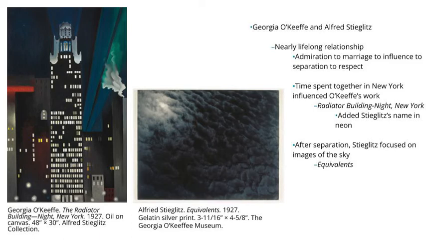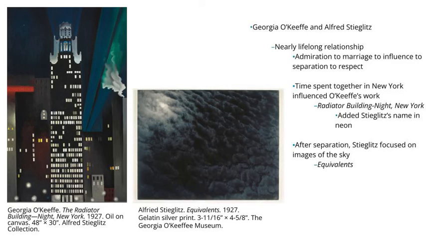They started with admiring each other, eventually married each other and heavily influenced each other's works, then eventually separated, but still respected one another and were on amicable terms, although they weren't married anymore. But their relationship very much influenced each other and therefore influenced the movement of American modern art in general.